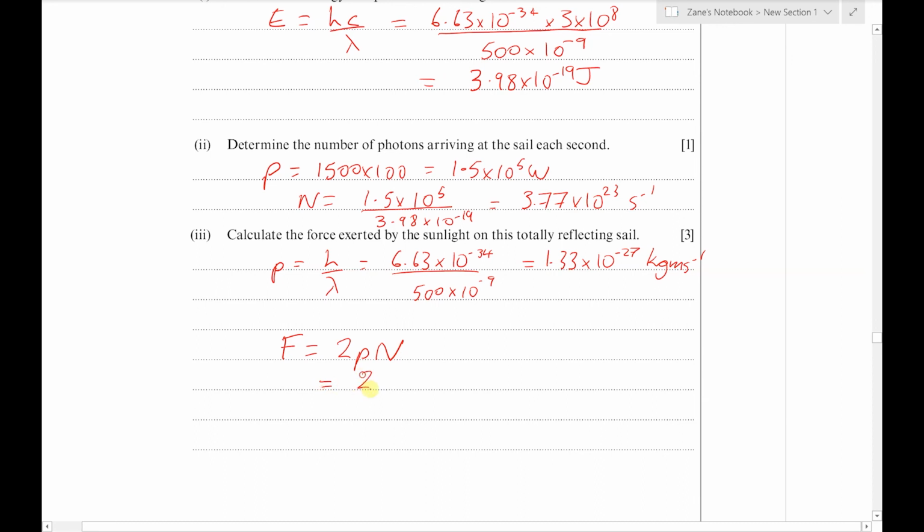So let's put in the figures: 2 times 1.33 times 10 to the minus 27 times 3.77 times 10 to the 23. That gives us an answer very close to, in fact exactly equal to, 1.0 times 10 to the minus 3 newtons.